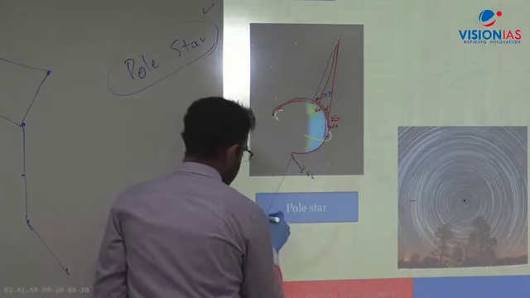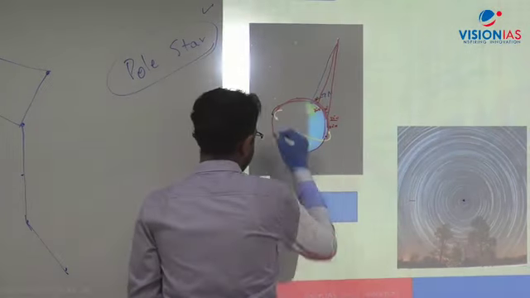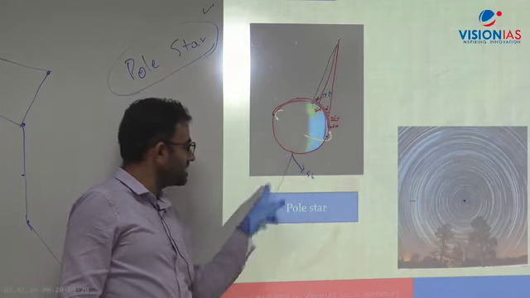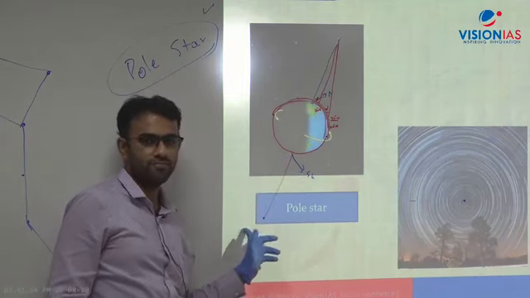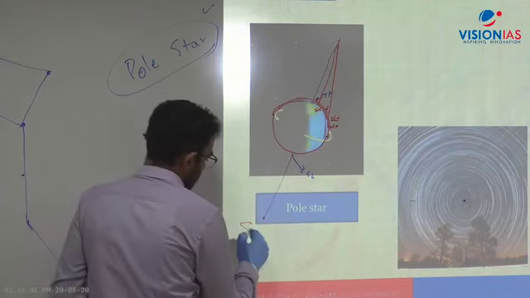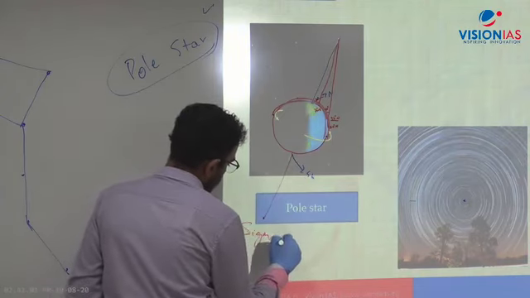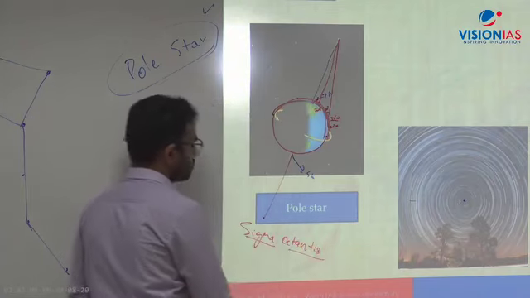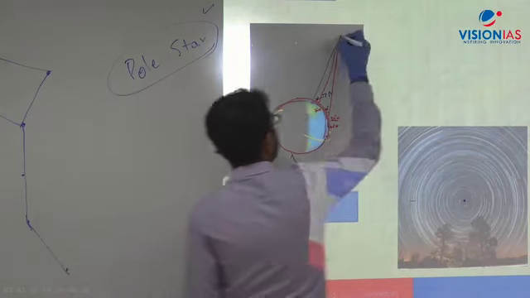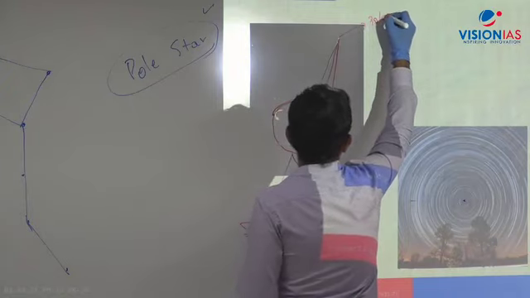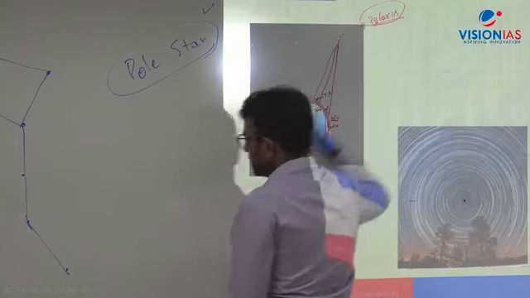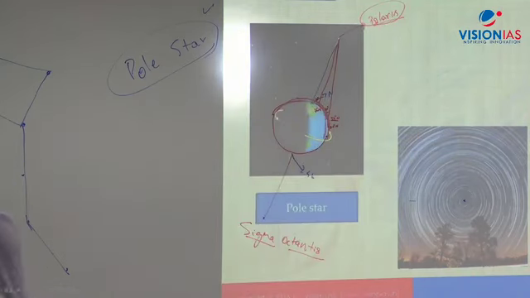We also have a South Pole star, which is located exactly above the South Pole. It is called Sigma Octantis, the name of the South Pole star, and the name of the North Pole star is Polaris. North Pole star is very easy to identify because it is one of the brightest stars in the sky.